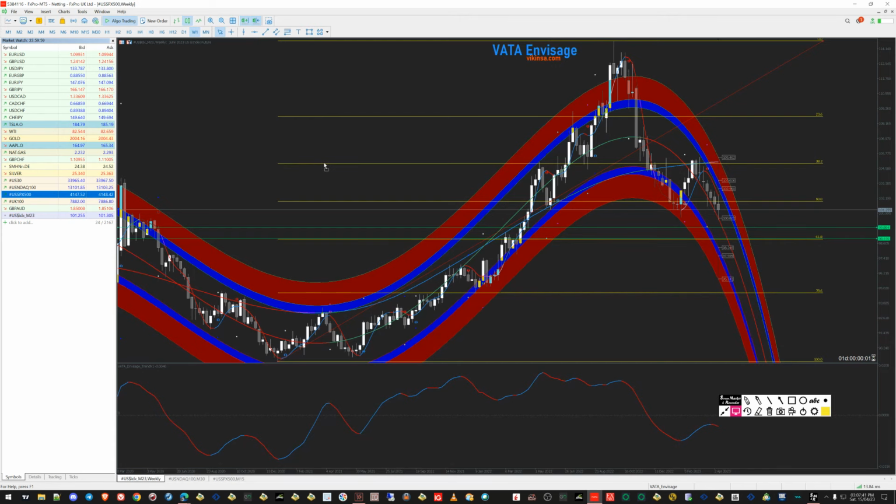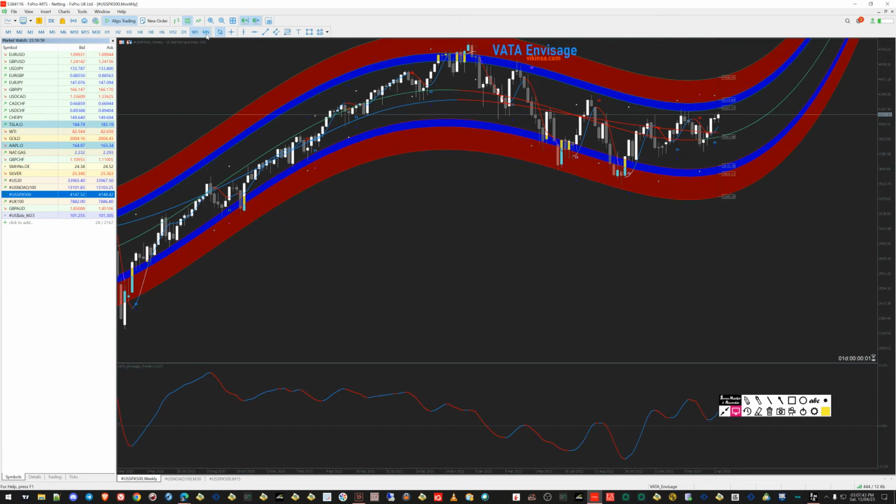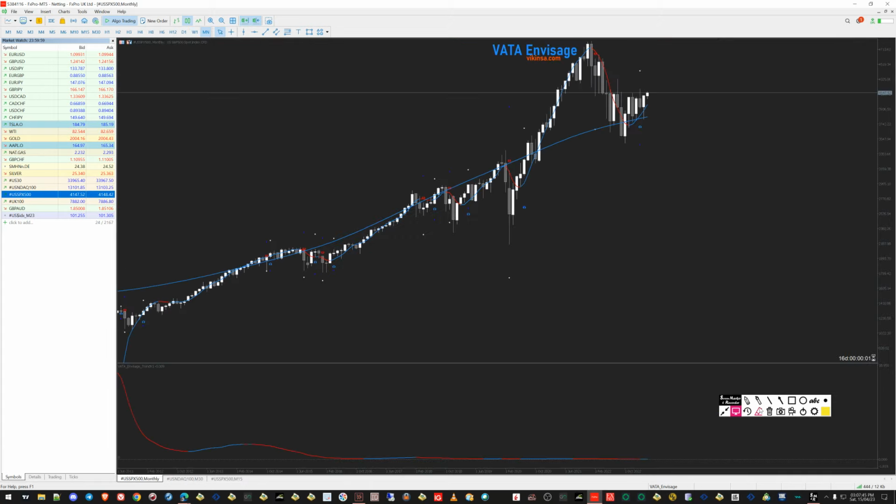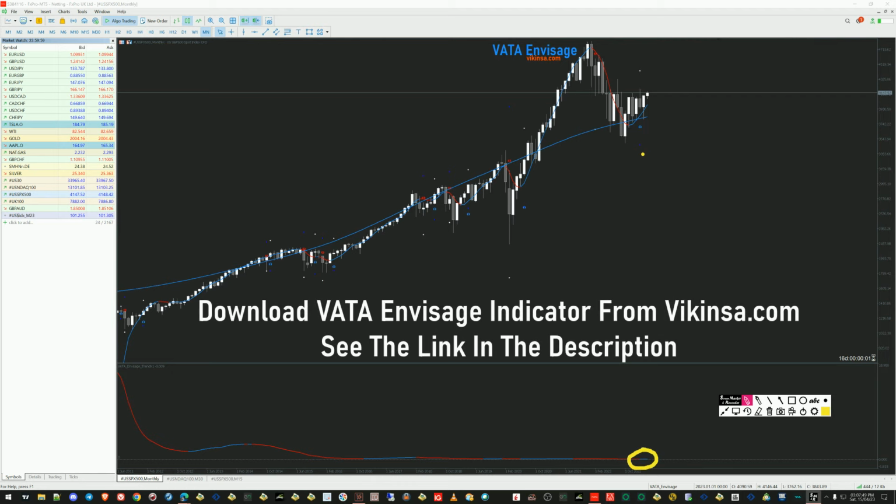On S&P 500, if I go to the monthly time frame, it is clearly bullish now, because as we can see, this is blue at the bottom here, and we have got a signal here. We had a previous monthly engulfing candle, and this is the open target.